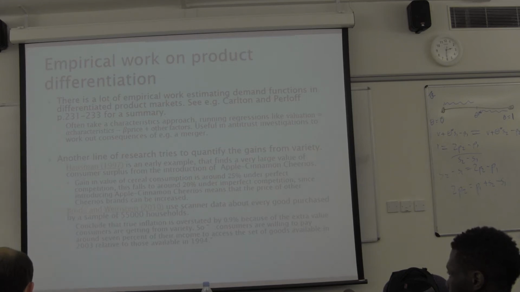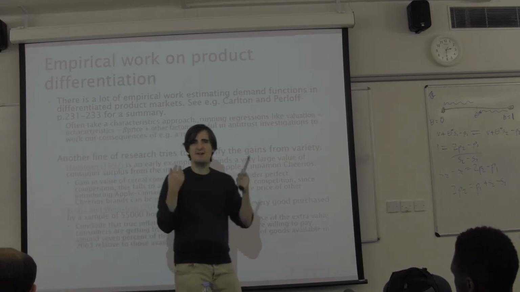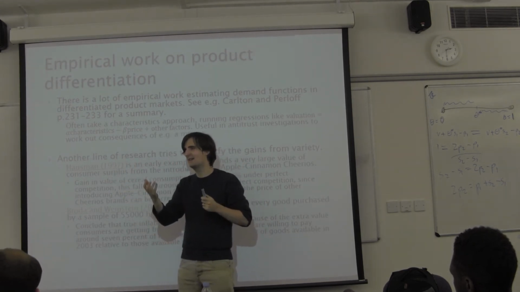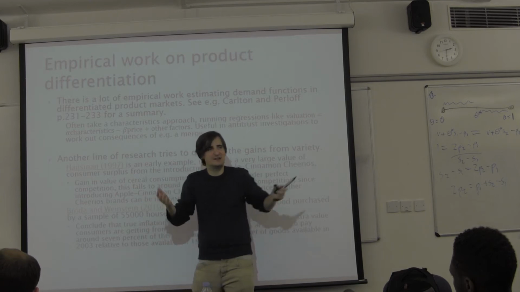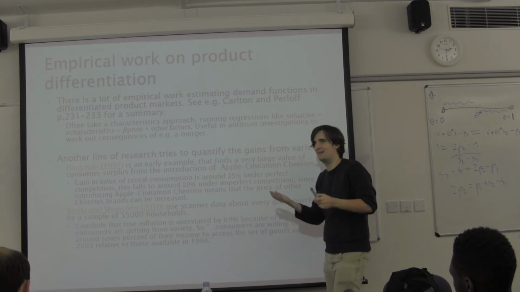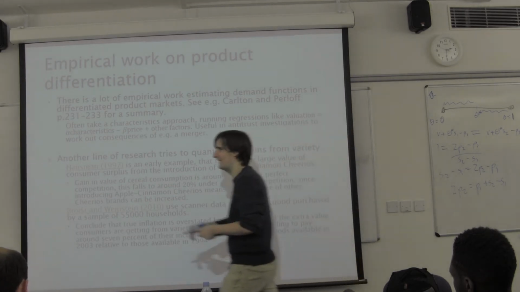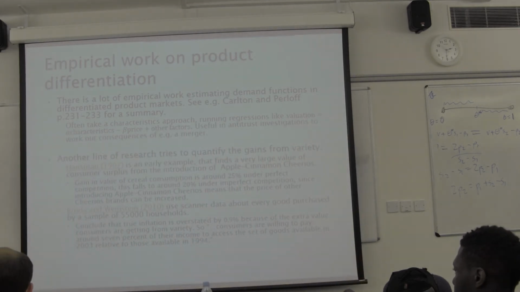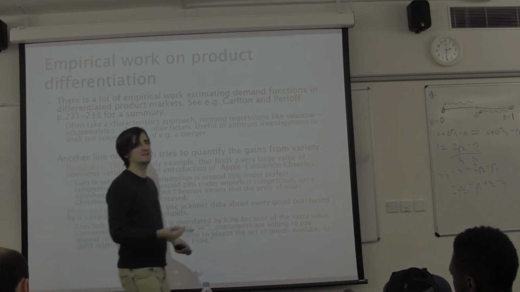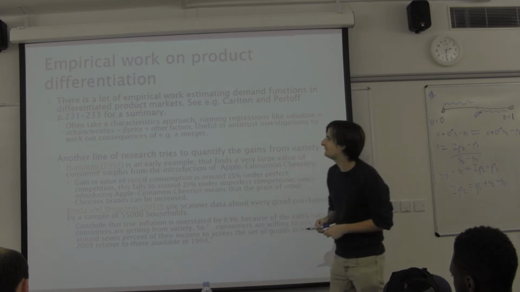So maybe you only like Cheerios, but Cheerios don't exist, so you're forced to buy normal Kellogg's cornflakes because you need to eat something in the morning, and it's quite painful for you to eat these cornflakes. But you don't have anything better to eat, so you don't have much choice. And then suddenly along comes Cheerios, and Cheerios introduce a product down here, and that's almost your ideal product, right? You're really happy suddenly because this new product has been introduced.